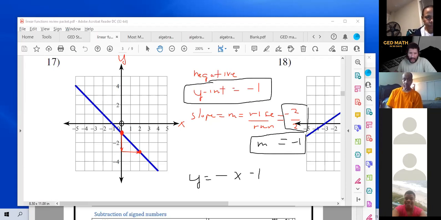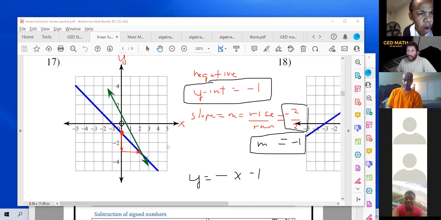So you're saying if it crossed right here at +1, then the slope is not going to be -1. It's going to be 1, 2, 3, 4, 5 over 1, 2, 3.